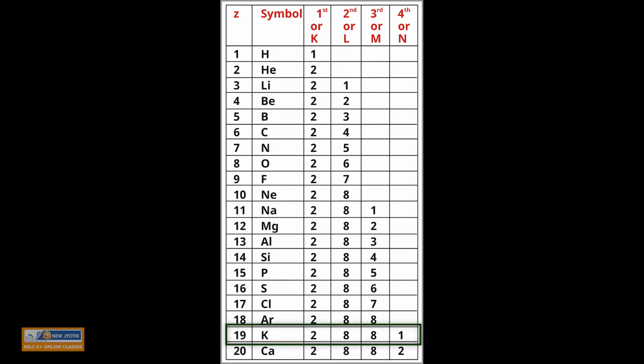Look at the variation in atomic number 19, potassium. Its electronic configuration is 2,8,8,1. Up to argon, the maximum capacity to accommodate electrons is obeyed by the equation 2n squared. But in the case of potassium, the last electron goes to the 4th shell, that is the N shell.